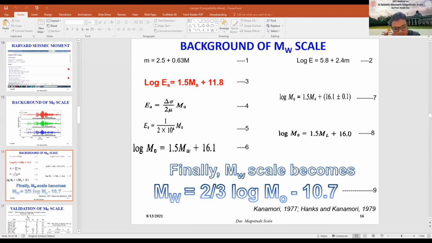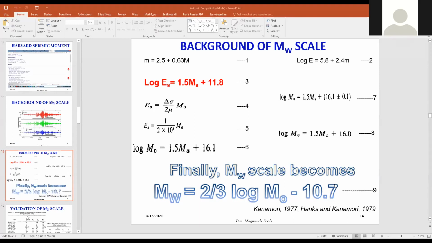Sorry, it is actually no, here. 2 by 3, for example, 1.5 should also be affected by the unit conversion, no? Actually, this is a unique conversion of M, and I am just giving the background of how log ES is equal to 1.5 MS plus 11.8, it is derived.